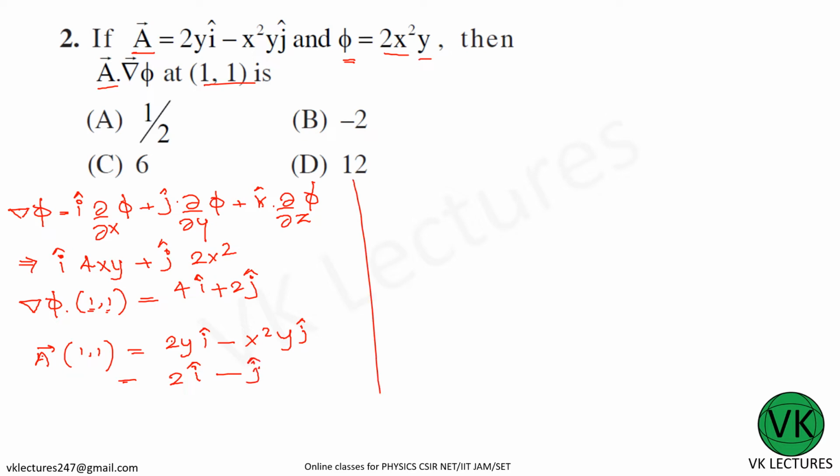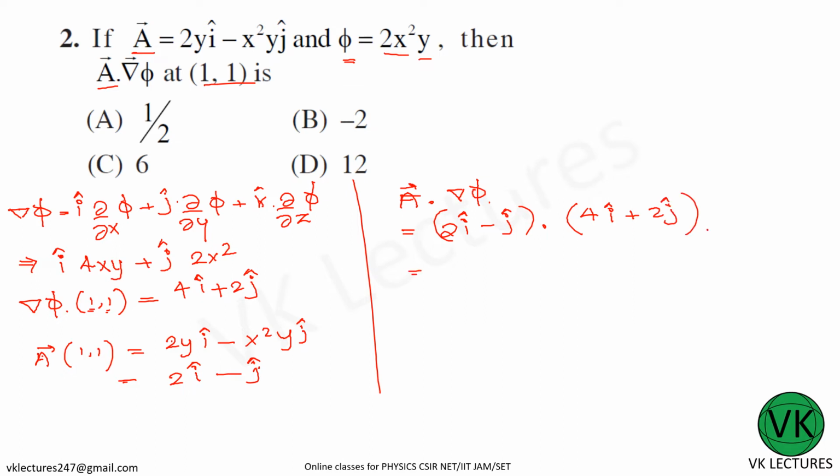Now you want the dot product of what and what? You want A bar dot del phi. So that is equal to, take both vectors, 2i cap minus j cap dot 4i plus 2j.